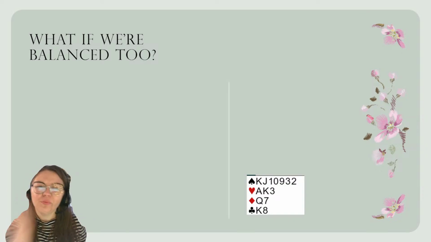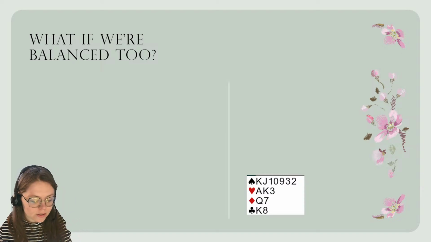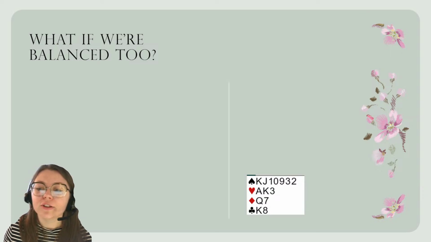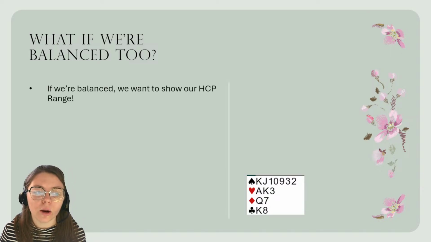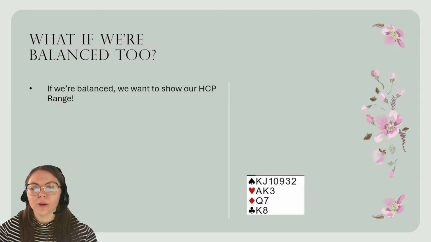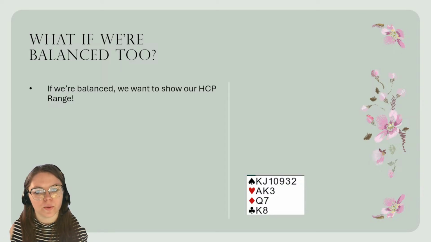Okay, so that's what you do if you are unbalanced, but there are going to be times where you are balanced. So if we are balanced, our primary objective is to show our high card points. So when we are balanced, the best way to evaluate our hand is showing high card point ranges. And that's why when you open one no trump, it shows 15 to 17.